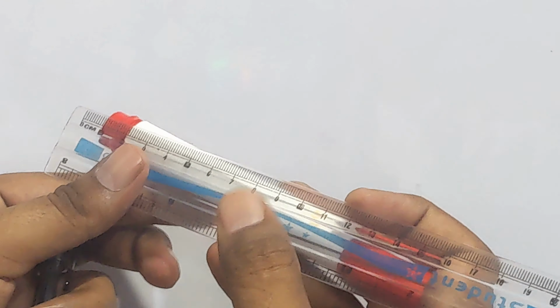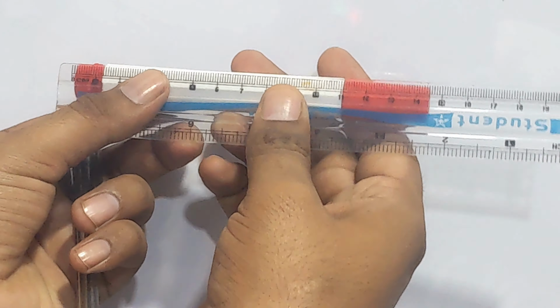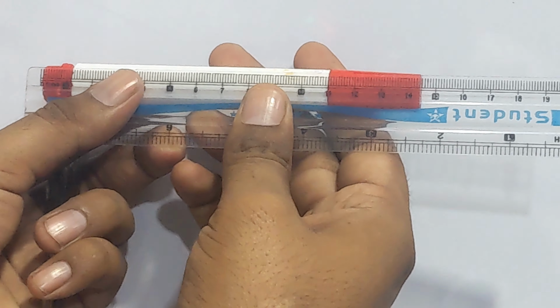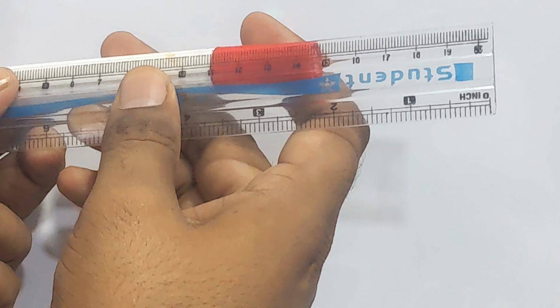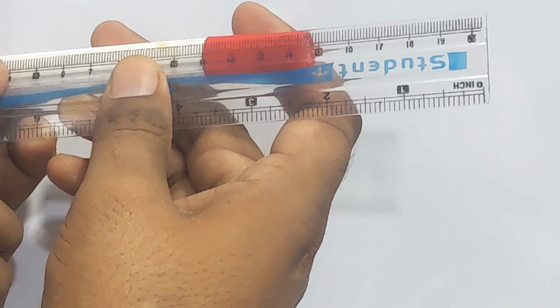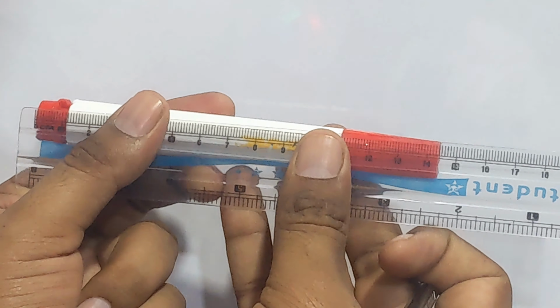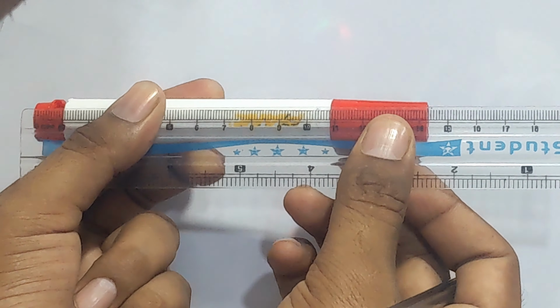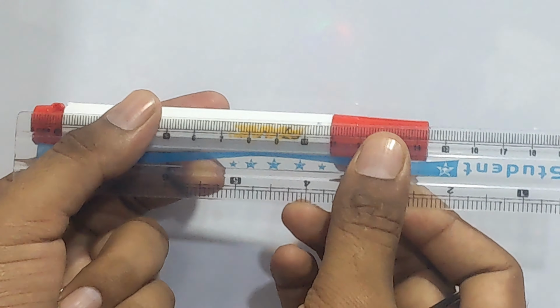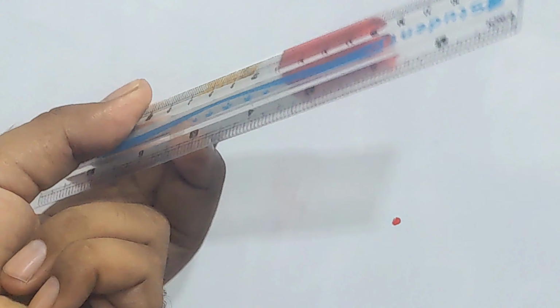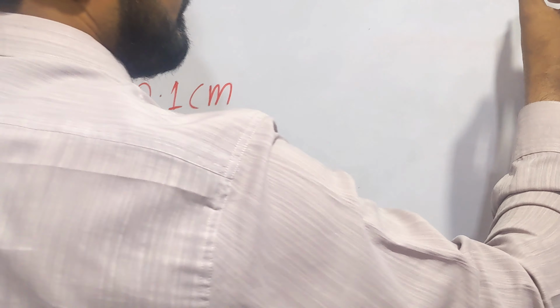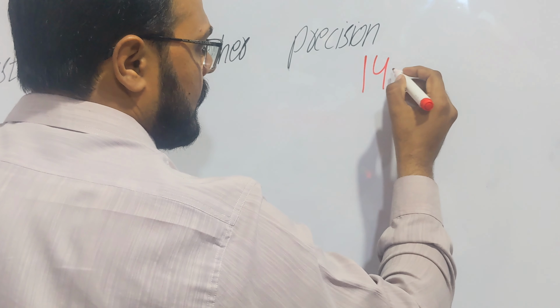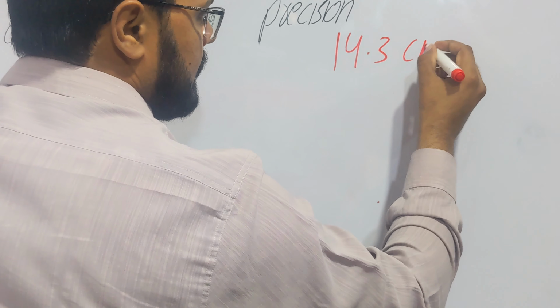The length is almost 14, 14.1, 14.2, 14.3, almost 14.3. The length of this marker is 14.3 centimeter.